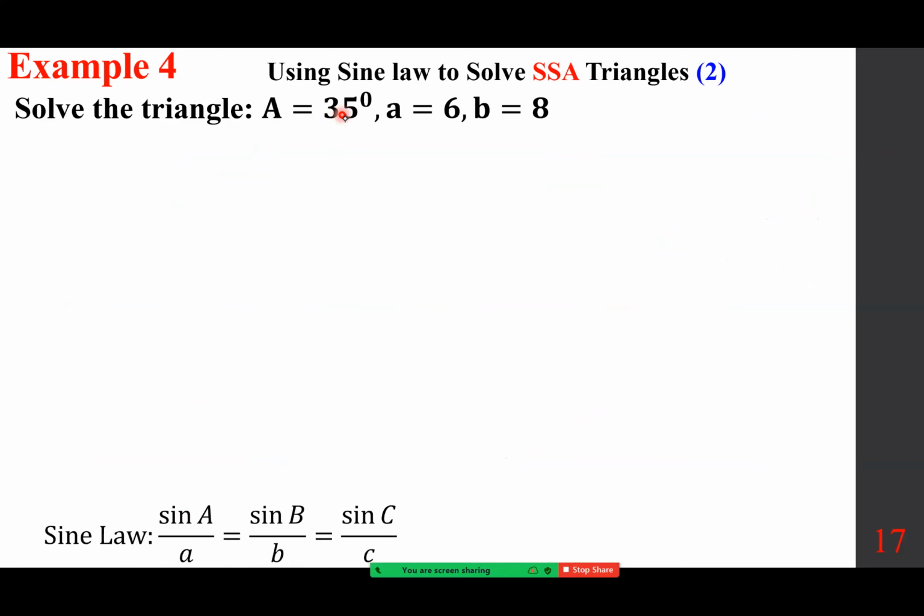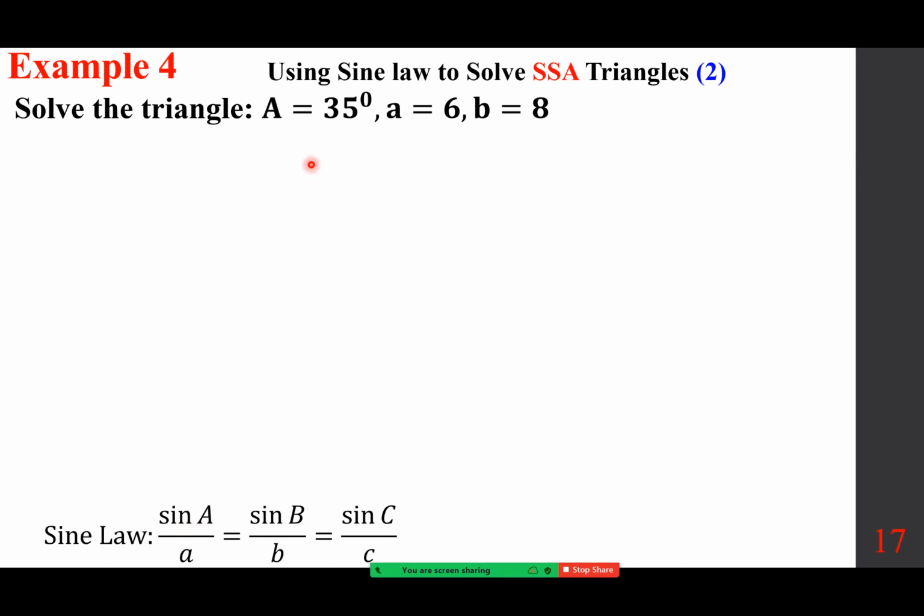Capital A is 35 degrees, lowercase a and b are given, and we want to solve this triangle. Well, without even drawing it, we can use this.